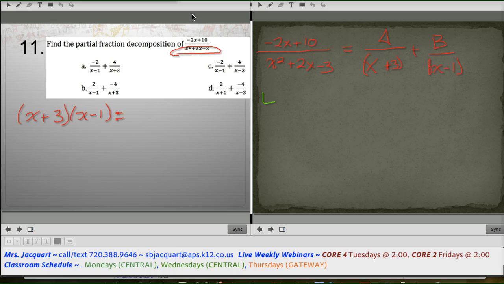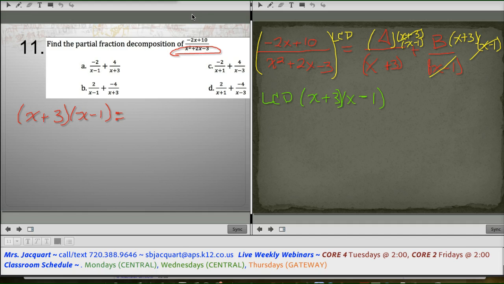And then my LCD is x plus 3 times x minus 1. So I'm going to multiply everything by my LCD. So stuff is going to cancel.